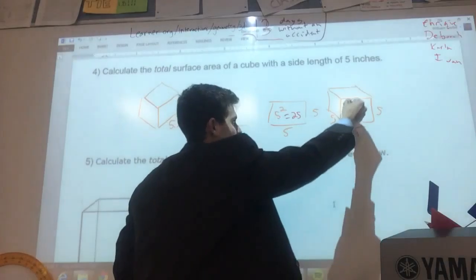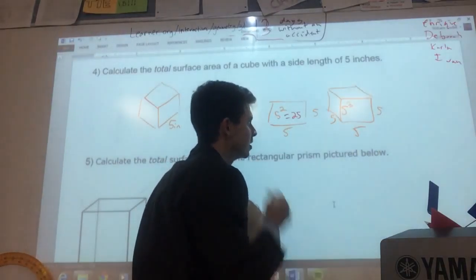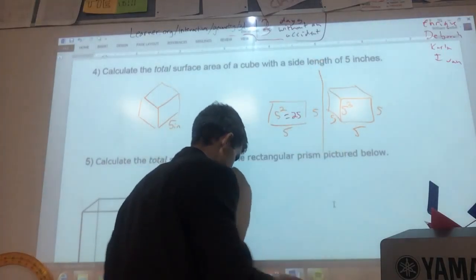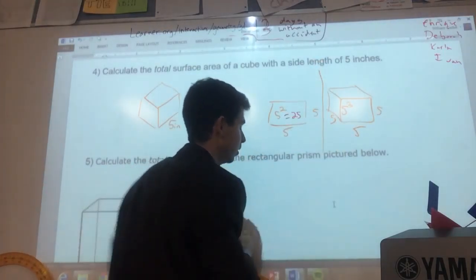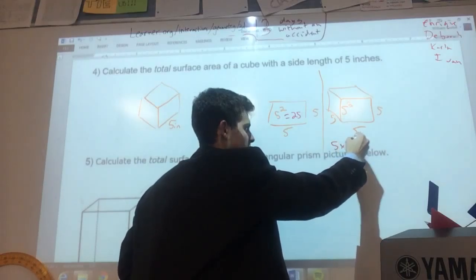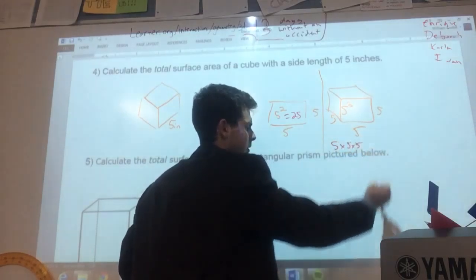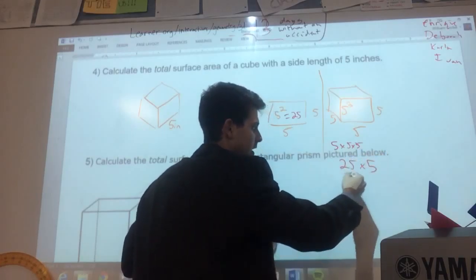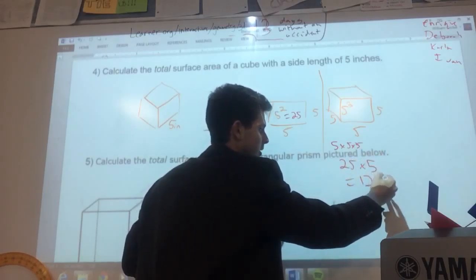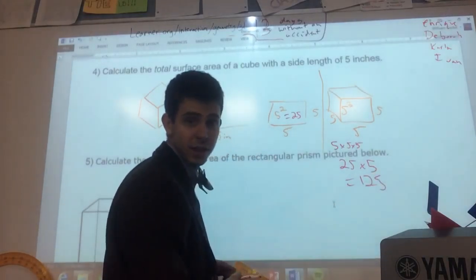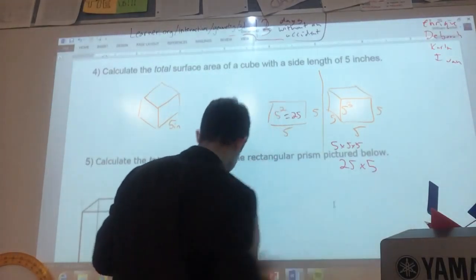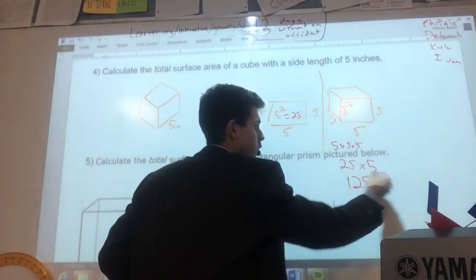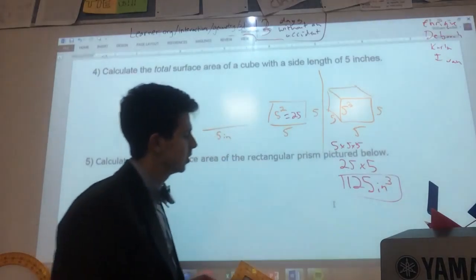So it's going to be 5 cubed, which is 5 times 5 times 5. 5 times 5 is 25, and then times another 5 is going to equal 125. 125 inches cubed. And there's your answer.